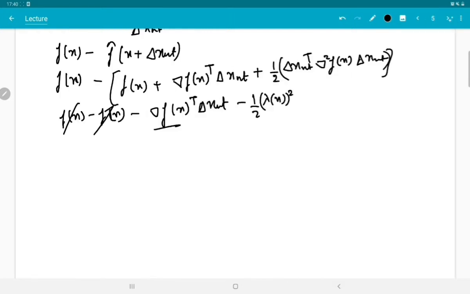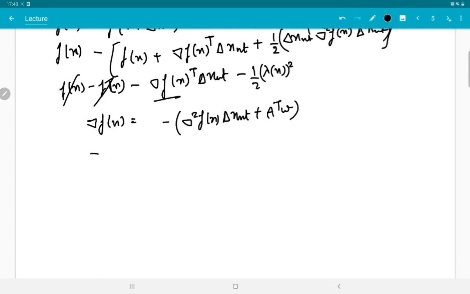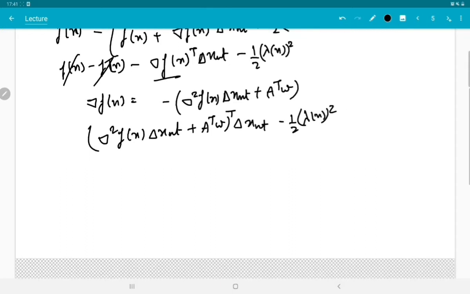we can plug that definition here. So that definition is del f(x) equals minus of del square f(x) delta x in t plus A transpose W. After plugging this value, we have del square f(x) delta x in t plus A transpose W times delta x in t whole transpose minus half lambda x square.